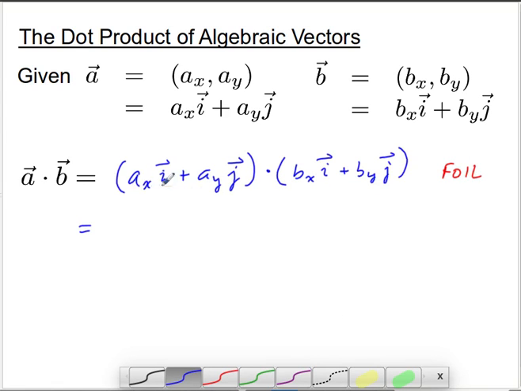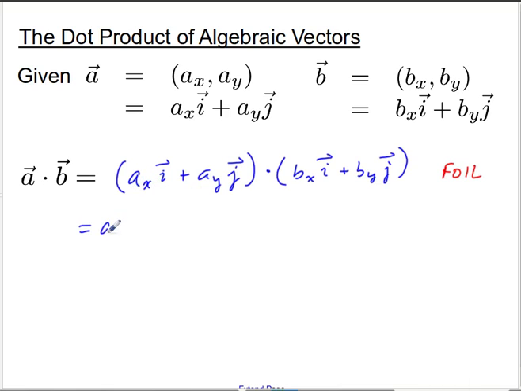So in this case, my first terms, I end up with, I'll do the scalars first, so that's ax times bx, and then the vectors, but the vectors aren't a multiplication, the vectors are a dot product, so that's going to be i dotted with i. And then the outer terms are going to be ax i with by j, so that's going to be plus ax by, and then the dot product part is i dotted with j.